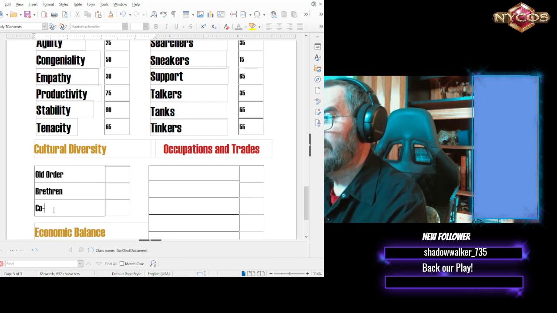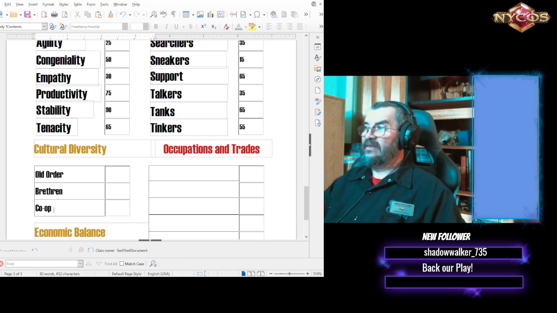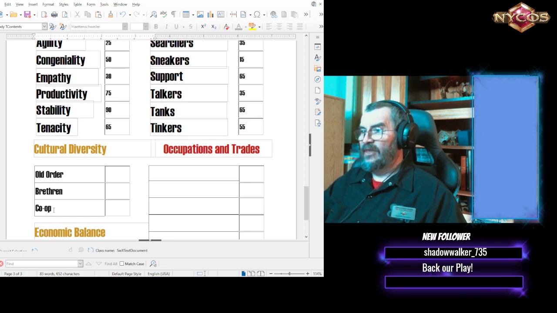Co-op was a nonprofit corporation, but their purpose was to support the workers in the field to make sure that they got their fair square. So they were acting in a way sort of like a regulatory service, but it was community driven, and so they worked always with each other, and so therefore it was a cultural thing.